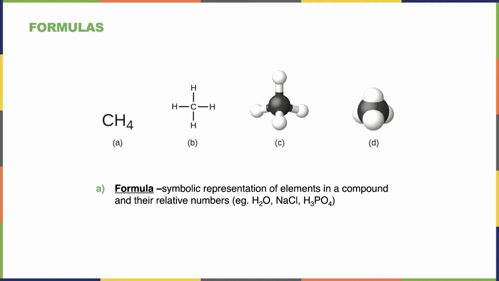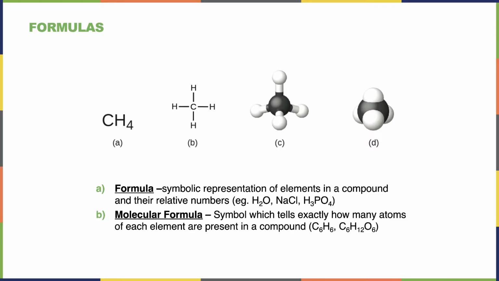Phosphoric acid is a compound that contains 3 atoms of hydrogen, 1 of phosphorus, and 4 of oxygen. Now you'll notice that these subscripts, the 2, the 3, and the 4 in these various formulas, tell you the number of atoms that are contained in each of those compounds.